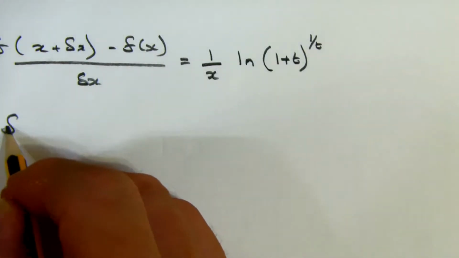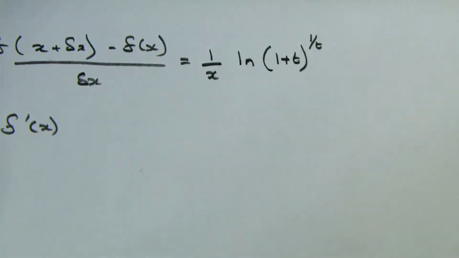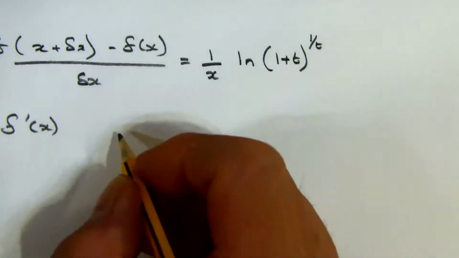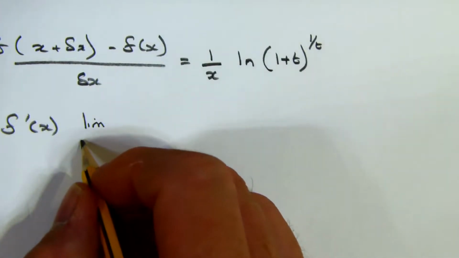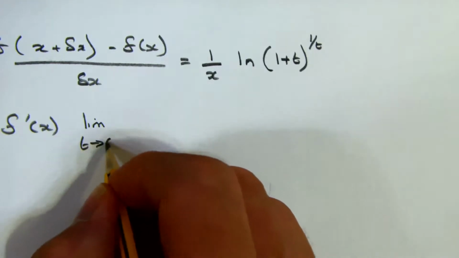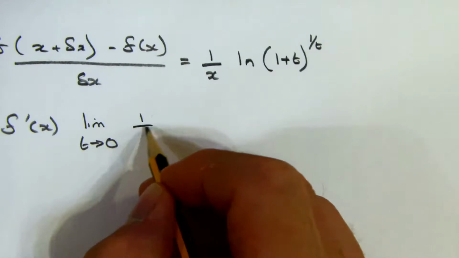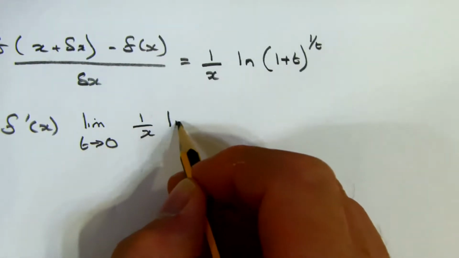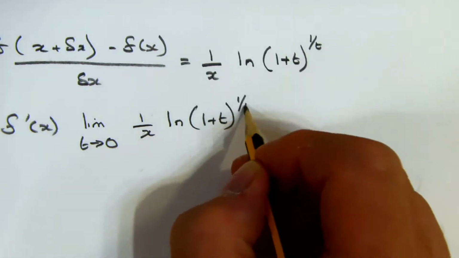So when we're looking at our derivative, our f prime here, we've got the limit as, in this case, t tends to 0 of this 1 over x of ln 1 plus t to the 1 over t.